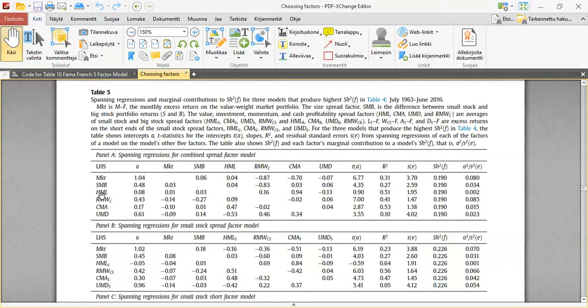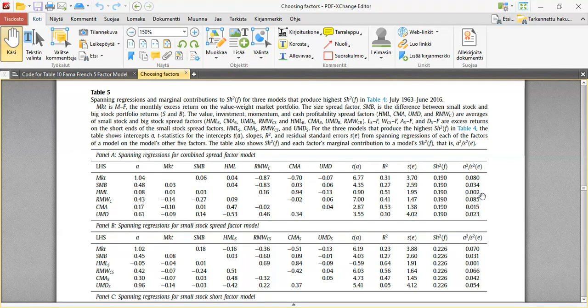Unfortunately, what we see here, the value factor, once we regress the value factor on the remaining risk factors, which we see in this row here, in row 3, the intercept is 0.08, which is obviously very low, much lower compared to the other risk factors. What we see also is that the t-statistic is 0.9, which indicates that the value factor, after we control for the other factors here, becomes insignificant.